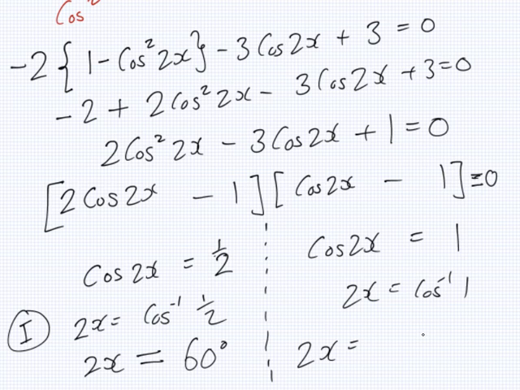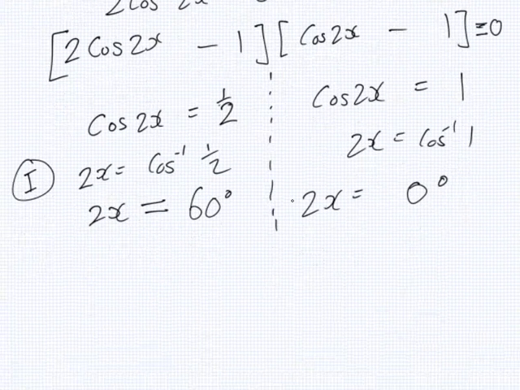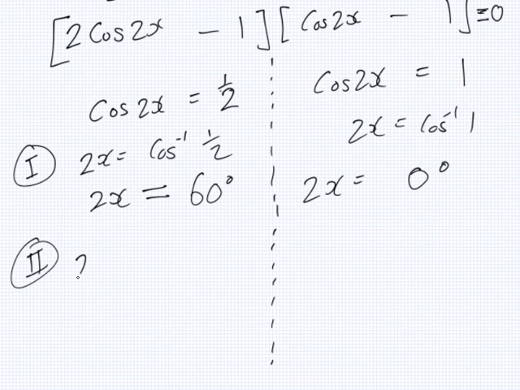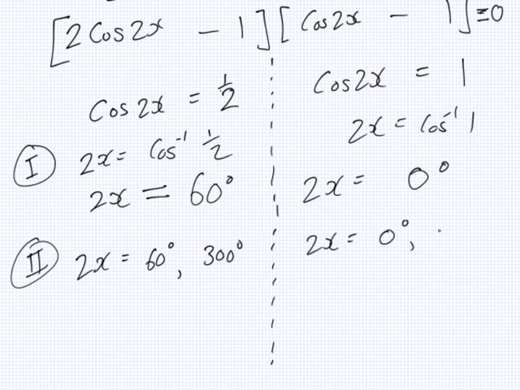And cos inverse 1, Jerry? Very good. This one is 0. Step 2, the extra answers. So here the extra answer is 360 minus 60, 300. Here it's 0 and 360 minus 0.